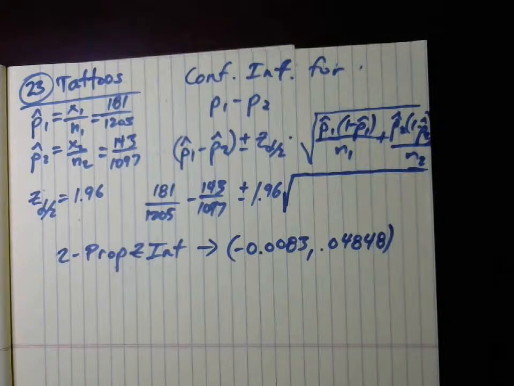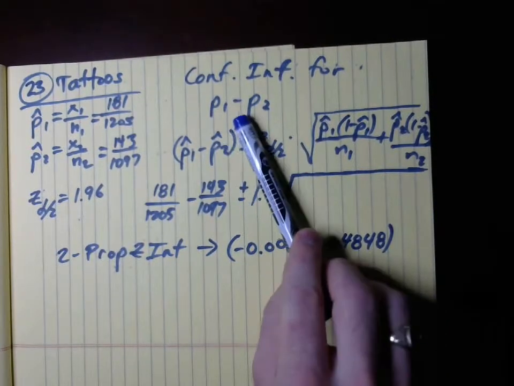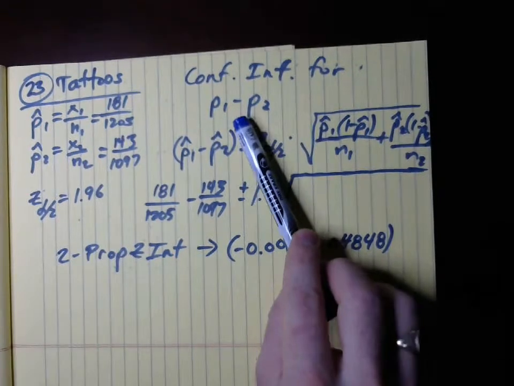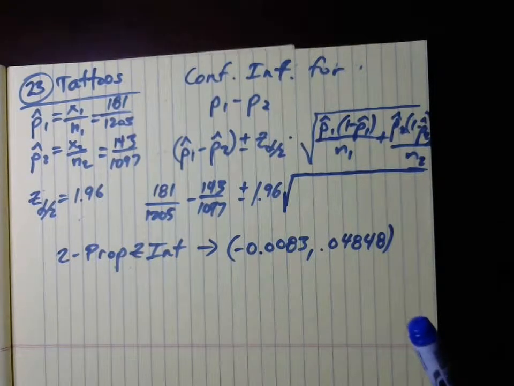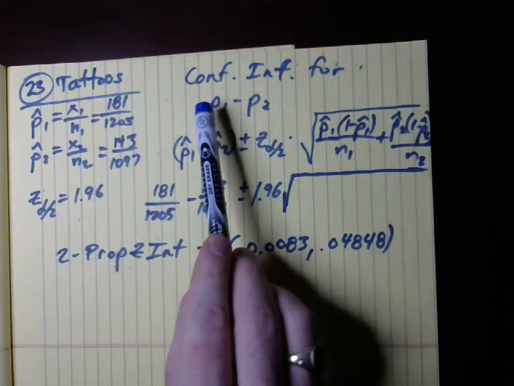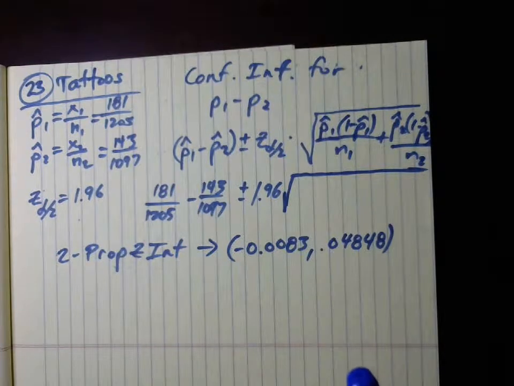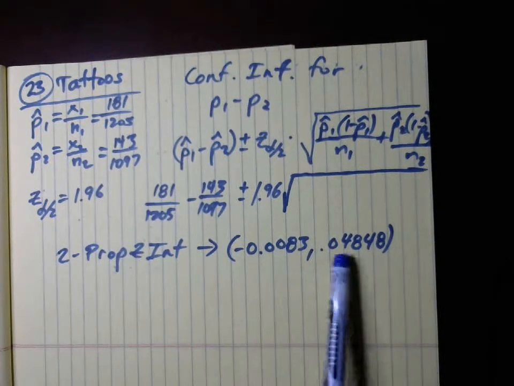Now, as we mentioned before, if this difference is 0 right here, that would represent no difference. This is equal to this, therefore the difference would be 0. So that is what we're looking for in the confidence interval.